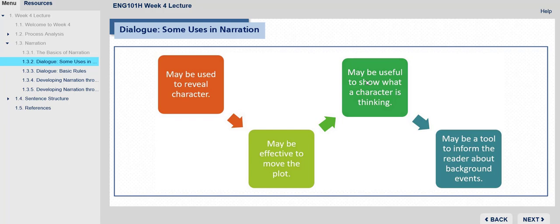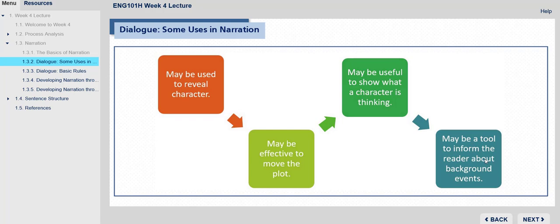Okay, so dialogue is very useful to show what the character is thinking. And dialogue can also be used to inform the reader about background events. So if you don't know the backstory of something, you could have one character saying something like, really? Jane is an alcoholic? I had no idea.